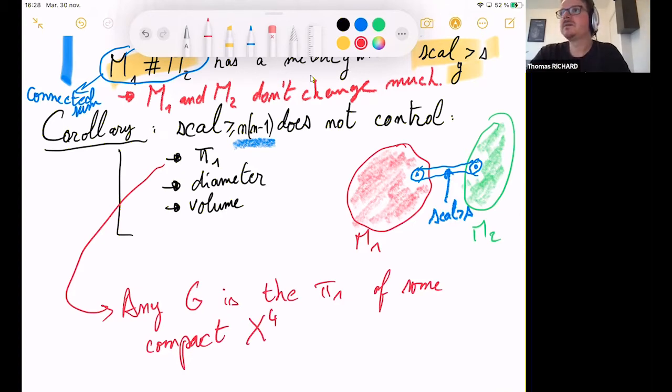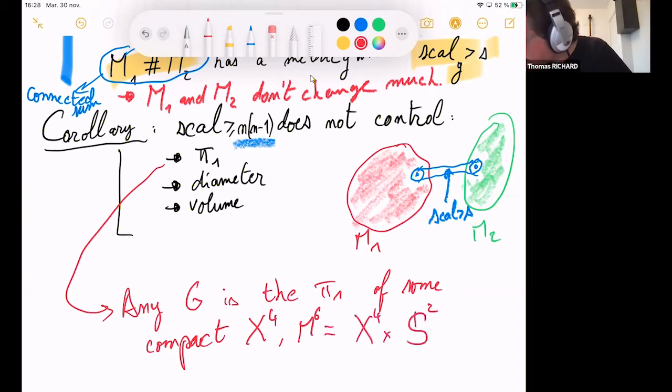So you can put, using partition of unity, some Riemannian metric on X4, and then you can look at a new manifold M6, which would be X4 times the sphere of radius epsilon.